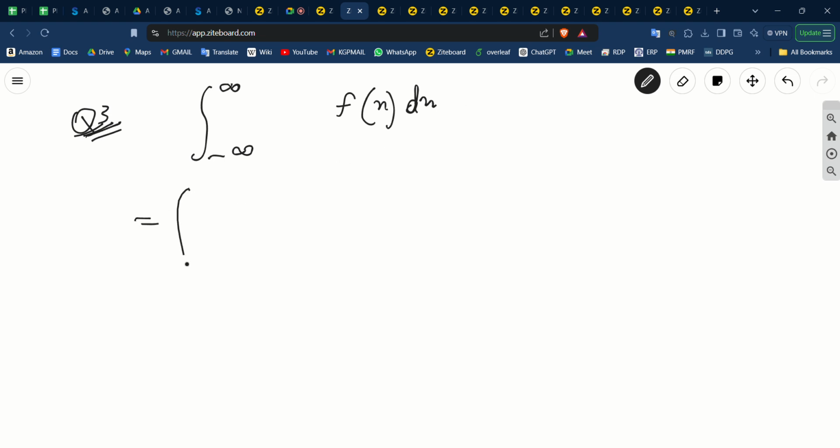So let's see: the integral from minus infinity to infinity of lambda e to the power minus lambda x dx. Now lambda is a scalar, so we can take it out.